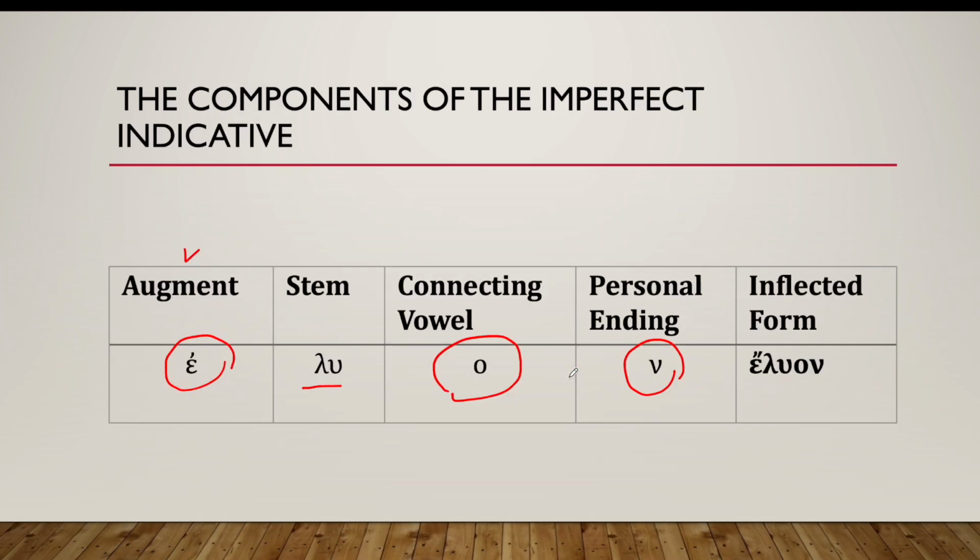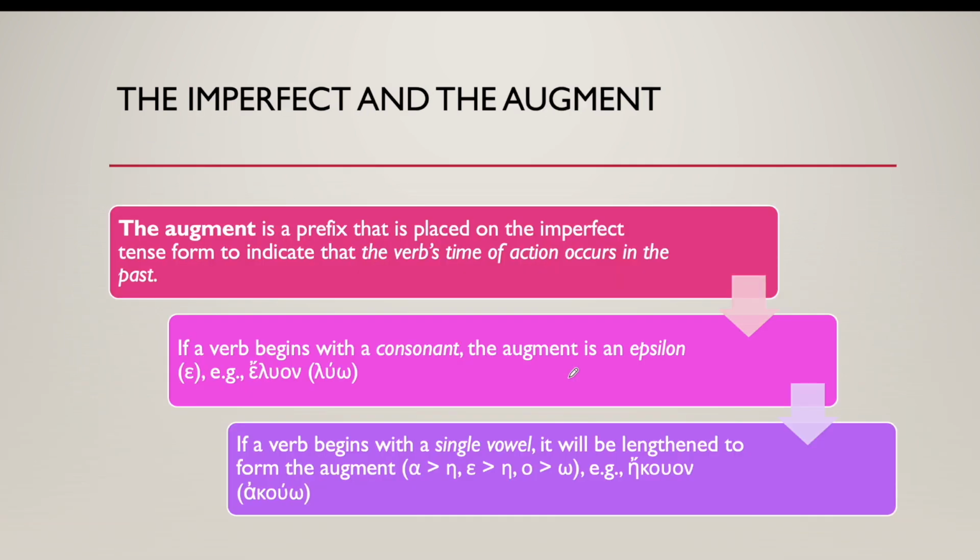We'll walk through the component parts later on, but I want to talk a little bit more about the augment, because that's an important point that we've got to note. Okay? So the augment, as I said earlier, is a prefix that's placed on the imperfect tense and indicates that the verb's time of action is in the past. If the verb begins with a consonant, the augment is an epsilon placed at the front.